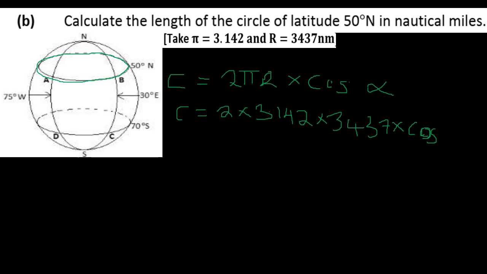Alpha is simply the latitude which you've been given. In this case, we've been given 50 degrees. So this is our latitude. Now let's punch these values into a calculator and see our answer. Our answer is simply 13,883.